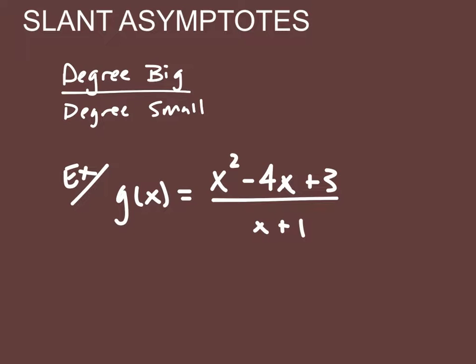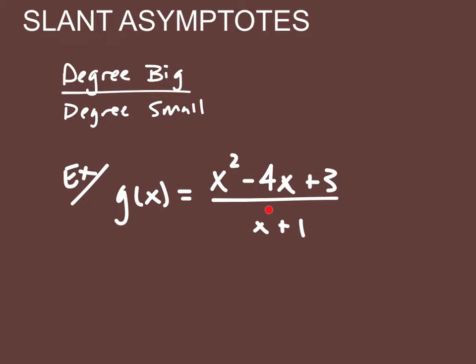Let's take a look at a question. Looking at this rational function, we've got x squared minus 4x plus 3 divided by x plus 1. Notice that your degree is 2 up top and your degree down here is 1, so you know you're going to have a slant asymptote.